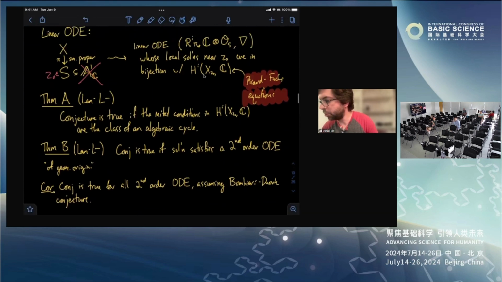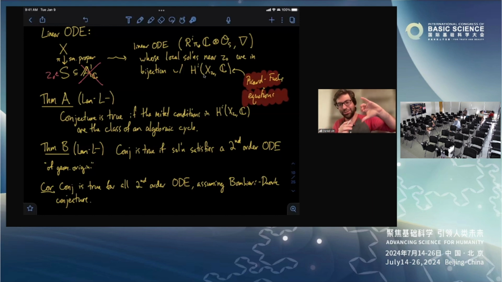Yeah, so the corresponding flat bundle is a summand of something of this form. The corresponding flat bundle is some rank 2 flat bundle, and I would like it to be a summand of a Gauss-Manin connection. Yeah. So a second order ODE is a linear ODE where the second derivative of f appears. Oh, I see what you're saying.